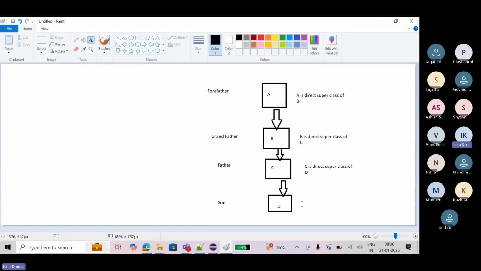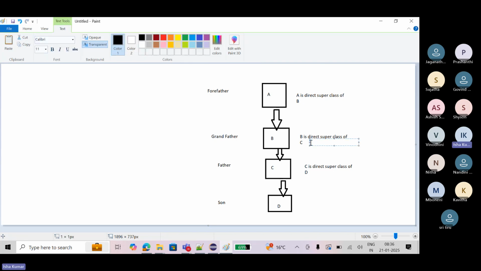Now you see, B is a direct subclass of A or not? Yes. C is a direct subclass of B or not?